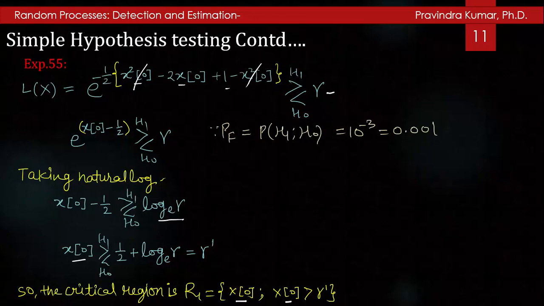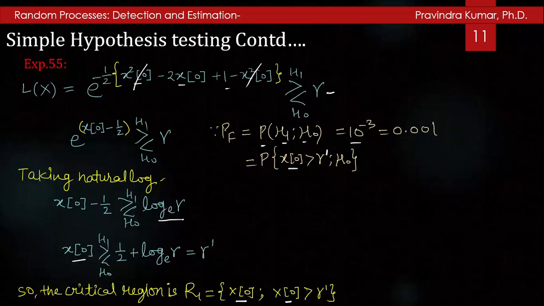You know the probability of false alarm means the probability of deciding H1 when H0 is true, and this is given as 10 to the power minus 3. So you can write the probability of false alarm as the probability of the observation being greater than the threshold gamma dash when H0 is true.